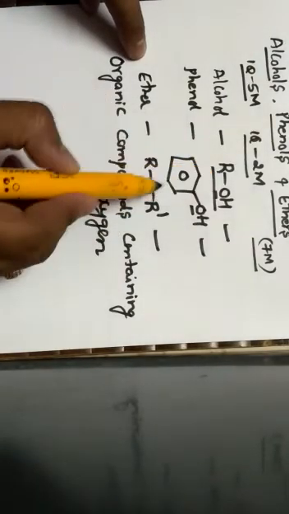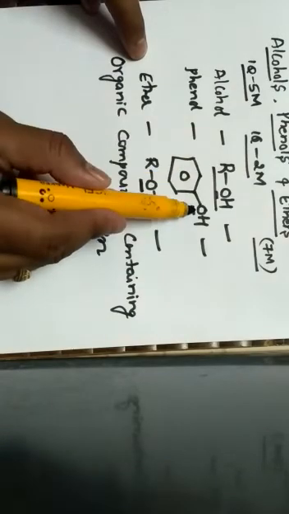ROH, benzene ring with OH, along with ROR dash are the general formulas for alcohols, phenols, as well as ethers.